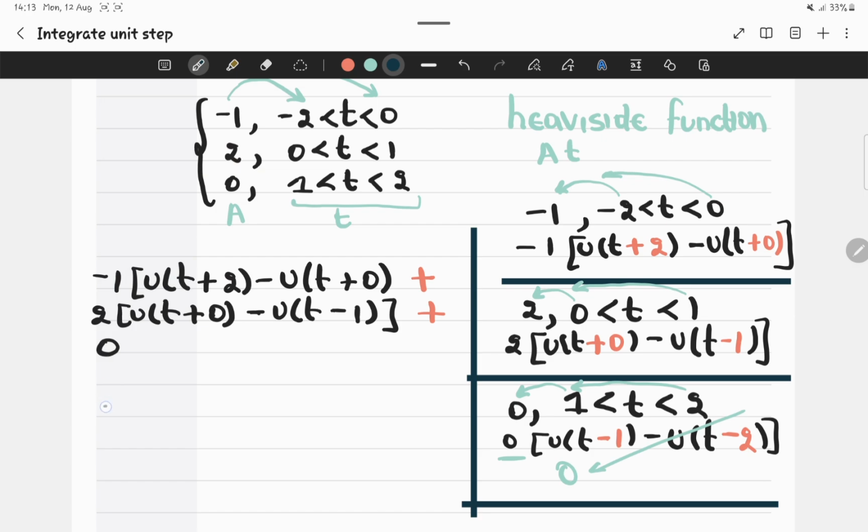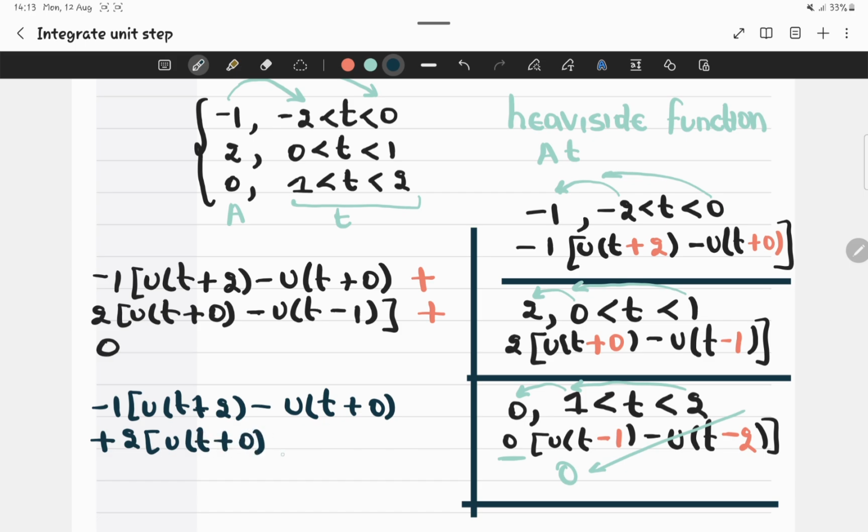So it's going to be like this: negative 1 u(t) plus 2 negative u plus 0 plus 2 u(t) plus 0 negative u(t minus 1).